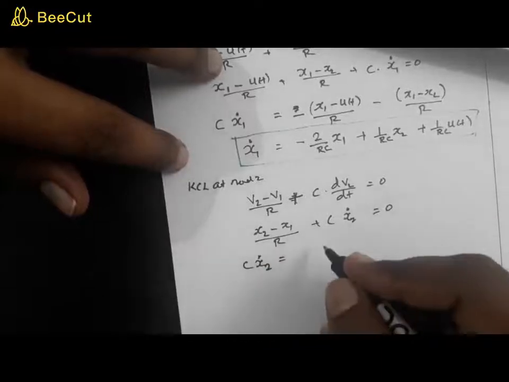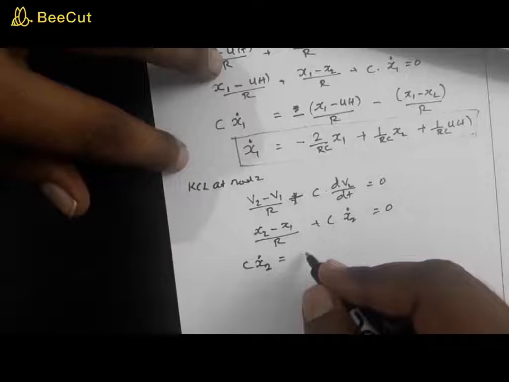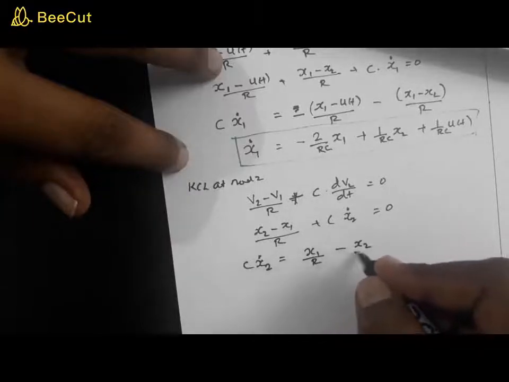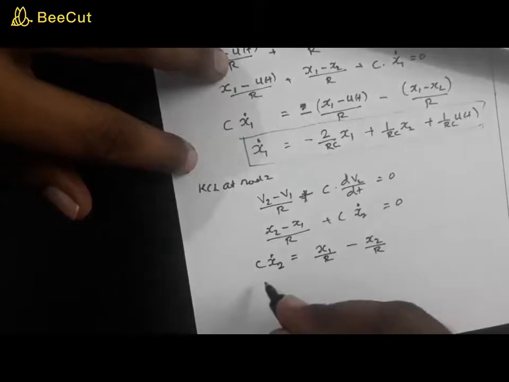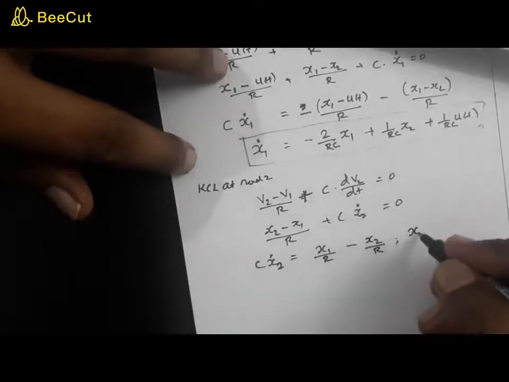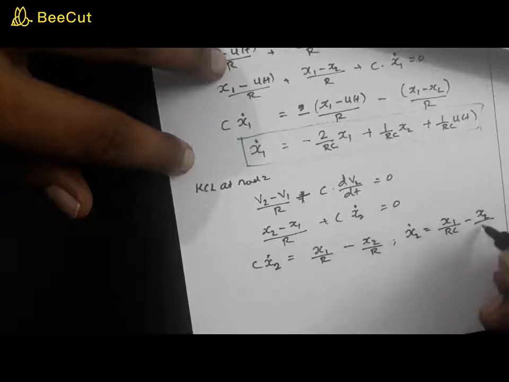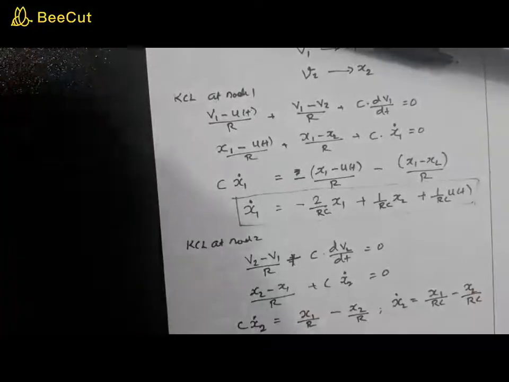You can bring everything here, so that it becomes x1 by R minus x2 by R. Or your x2 dot will be equal to x1 by RC minus x2 by RC. So that is your x2 dot, right?